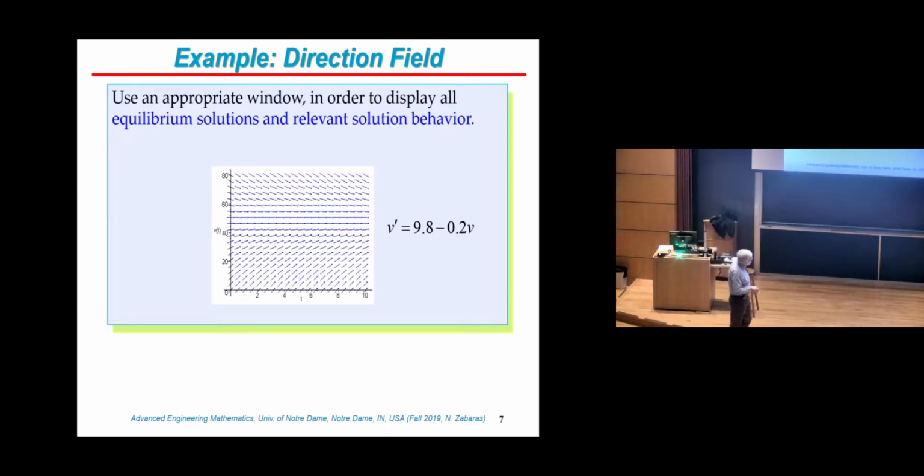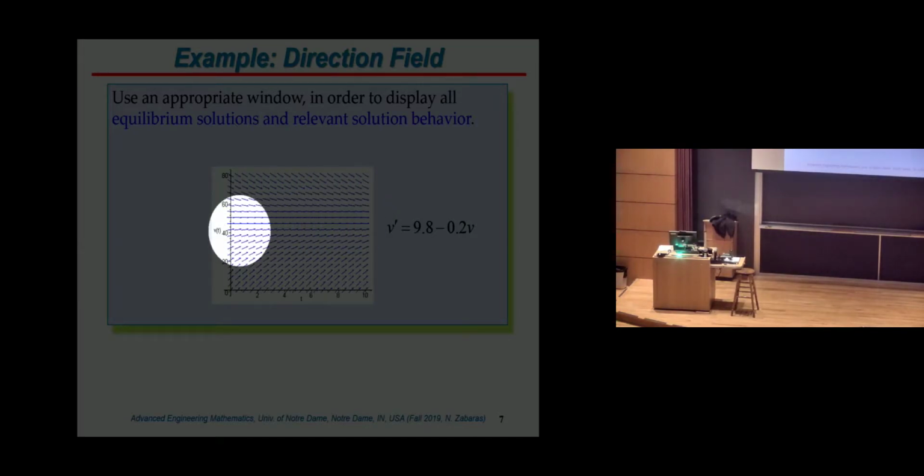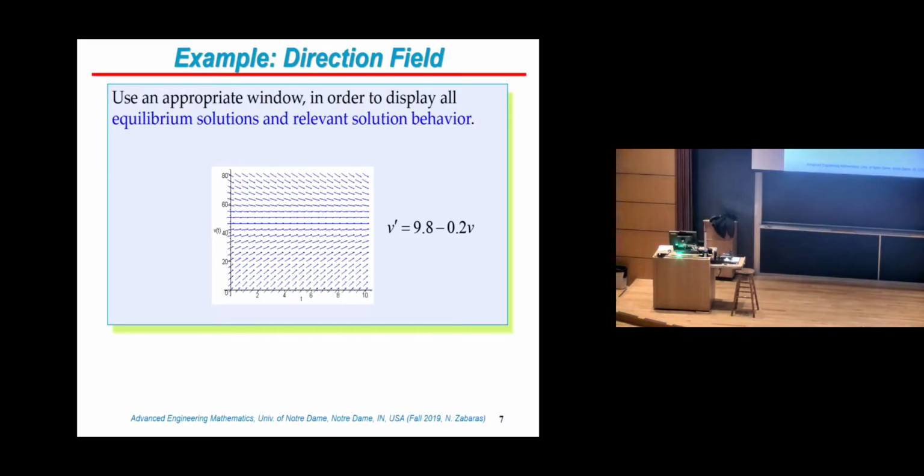And these arrows have a lot of information because first they point you to an equilibrium state, which is 9.8 divided by 0.2, all right? So it's whatever that is, okay? And you can see that straight line, and then you can take advantage of these arrows and effectively draw a solution if you know where you start.